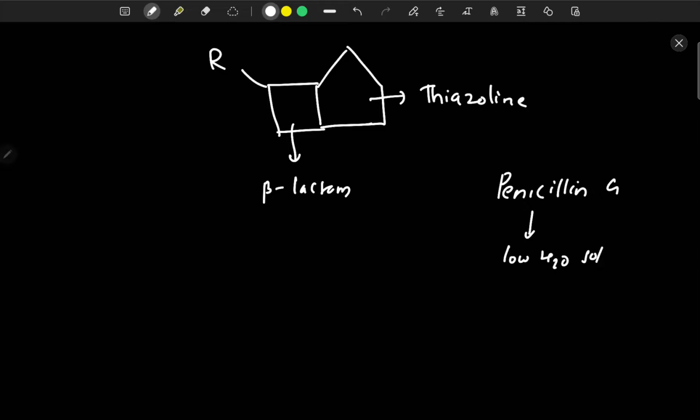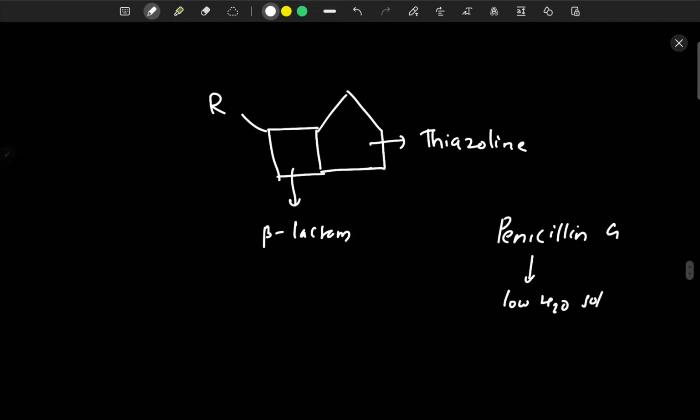To make a wider spectrum, we decided to make changes in the structure. As I have said earlier, we have gram positive as well as gram negative bacteria, and the gram negative bacteria have porins.